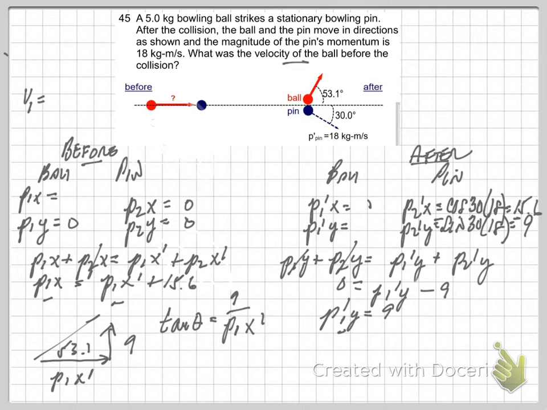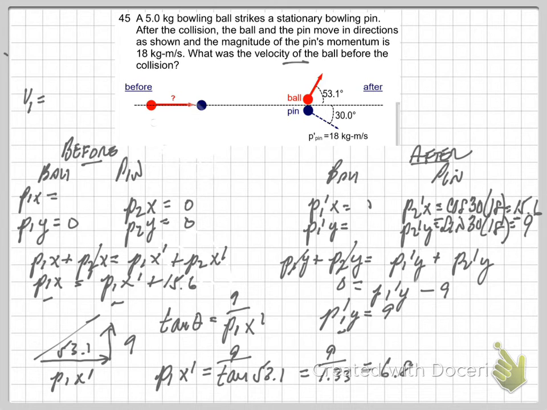So if we solve for P1x prime, we're going to get 9 divided by tangent of 53.1 degrees, which is 9 divided by 1.33, and that's going to be equal to 6.8.